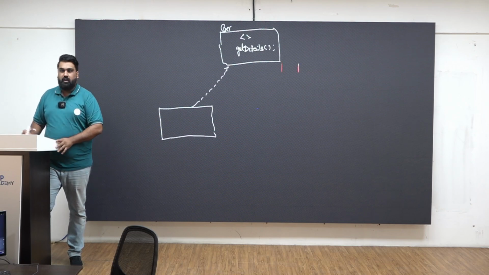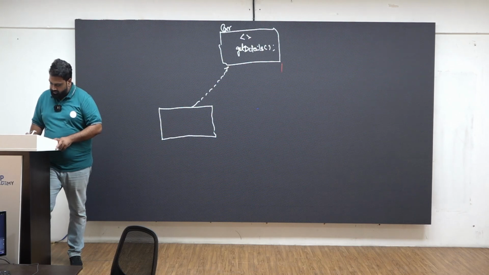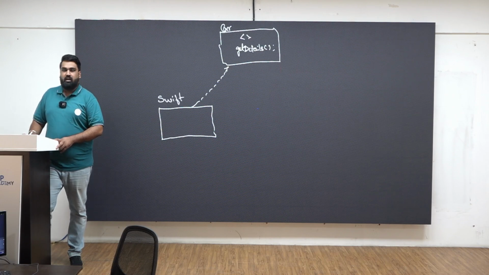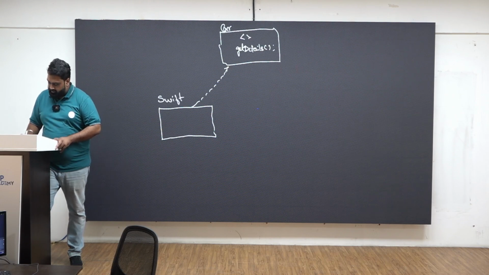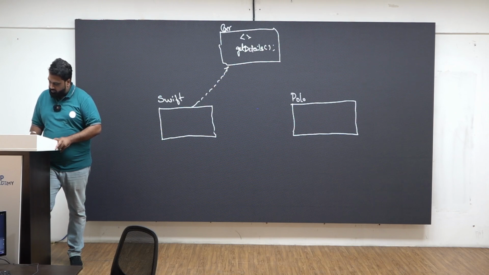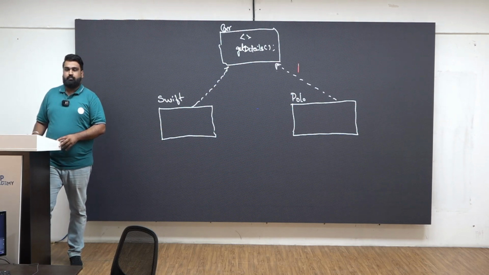This is how you indicate implementation. There is one car called Swift, which is going to implement this interface, and there is one more car, let's say Polo, which is going to implement this interface, right?